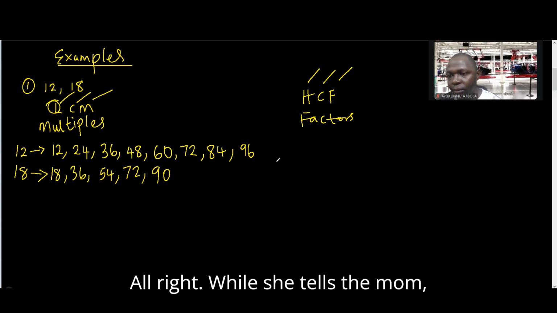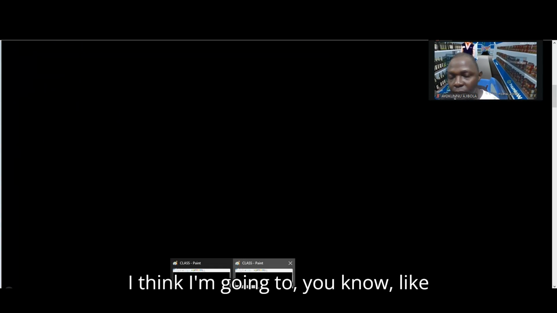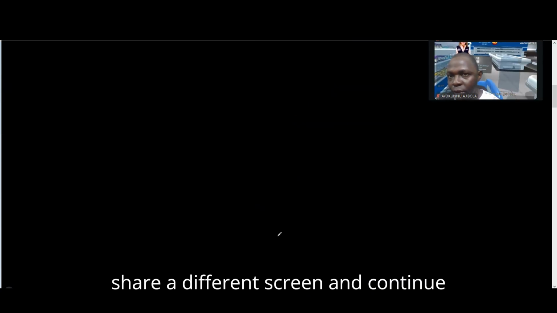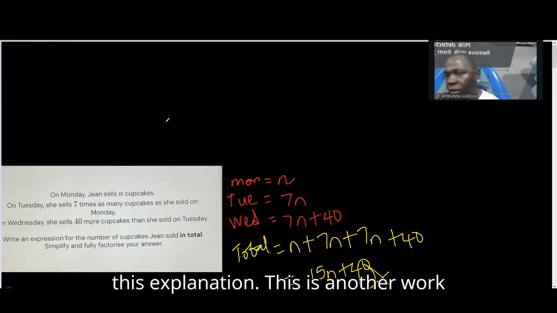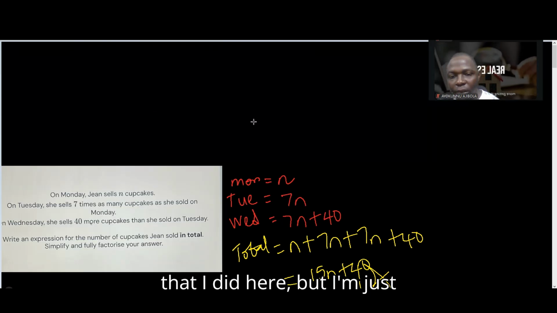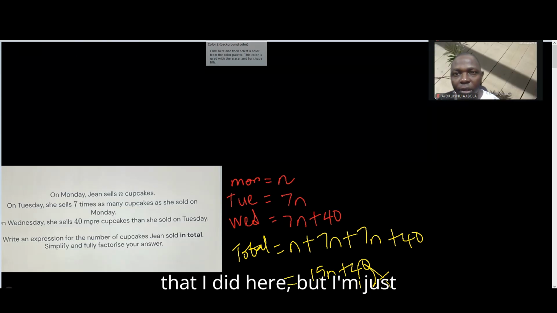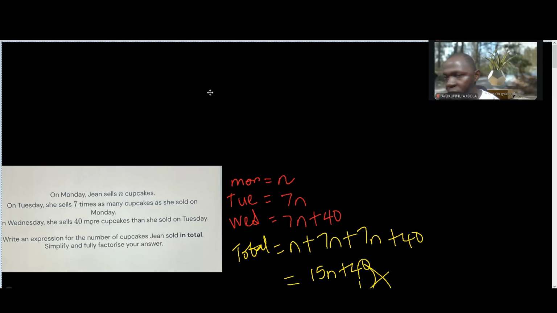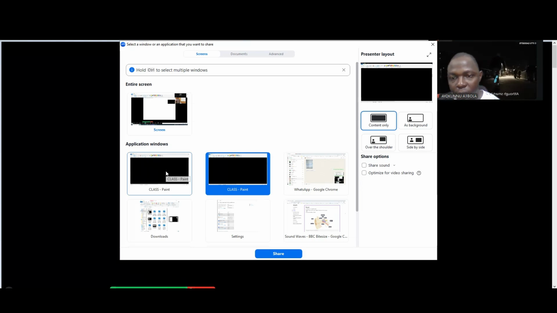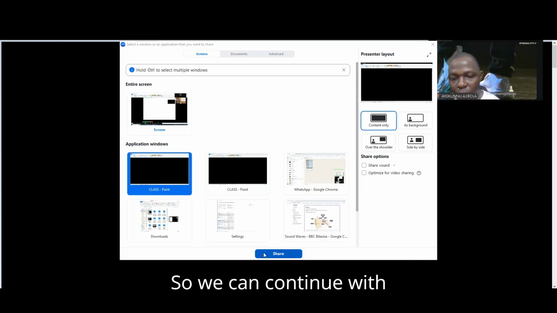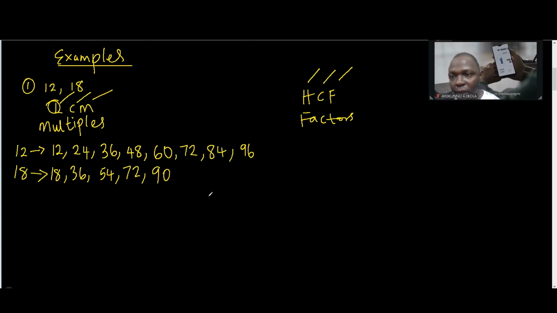While she tells her mom, I'm going to share a different screen and continue this explanation. This is another work that I did here, but I'm just going to remove this. Then I'll share that as the main screen so we can continue with what we're looking at.